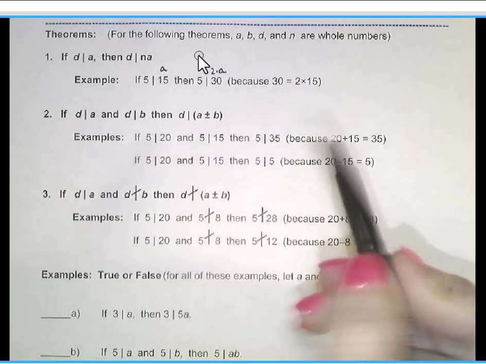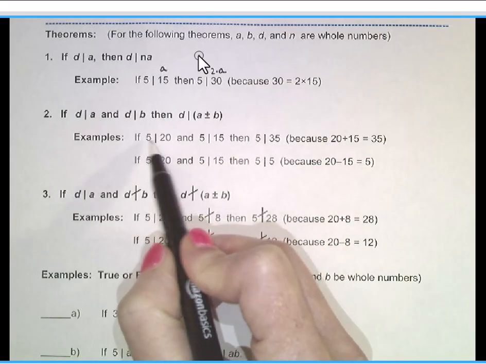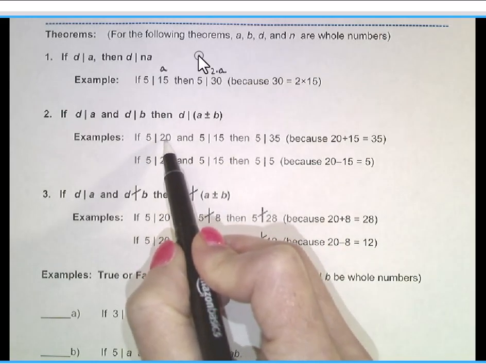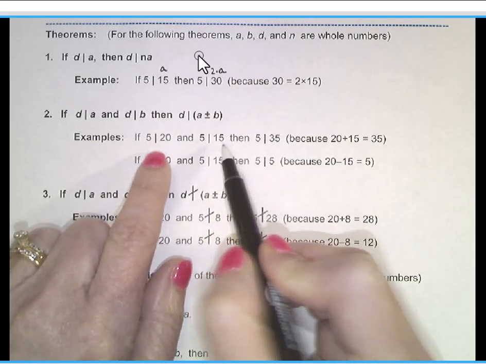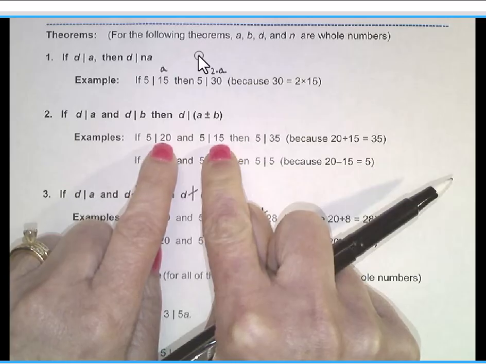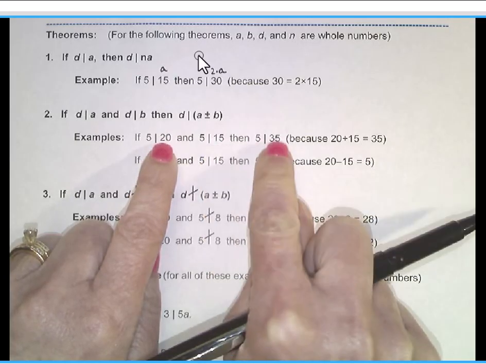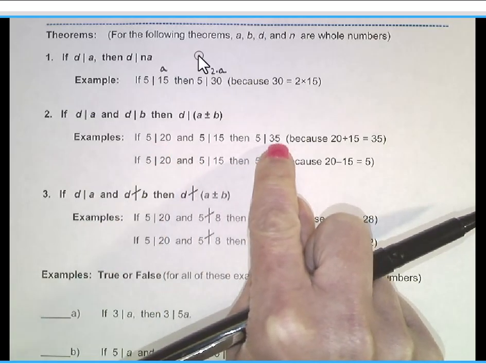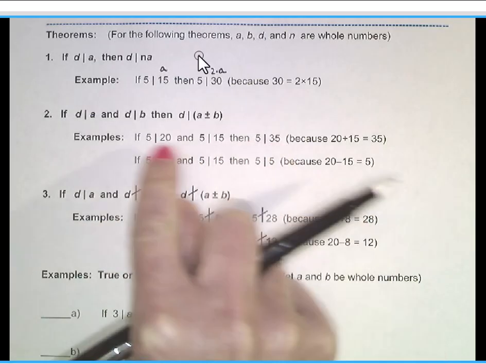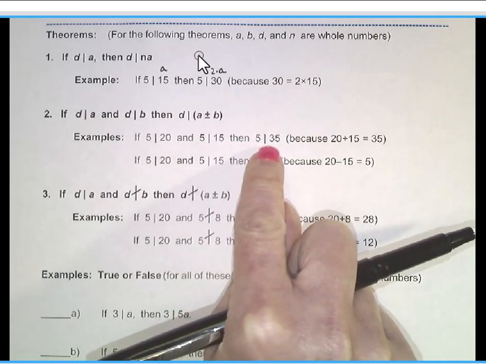I'll give you another example to show that it's true. If 5 divides 20, and 5 also divides 15, then 5 will automatically divide 20 plus 15. This 35 is 20 plus 15. So 5 will divide their sum. We know that's a given. And you can read it, but once you put numbers with it, you can see it makes a little more sense.